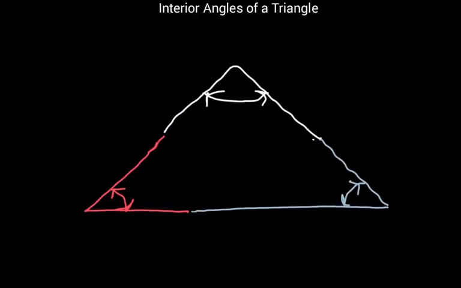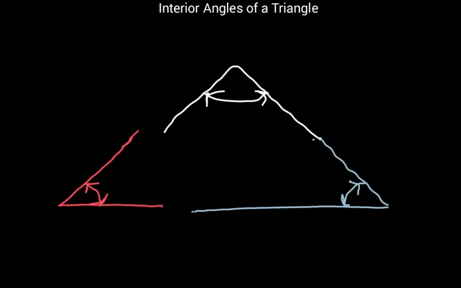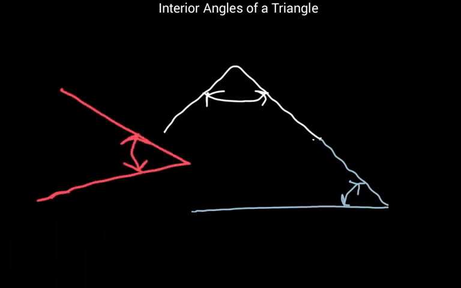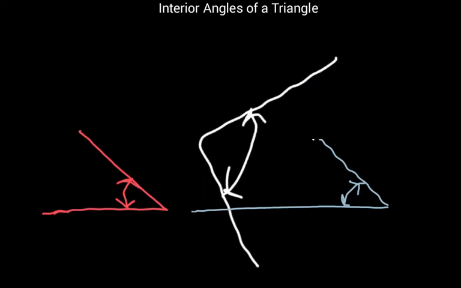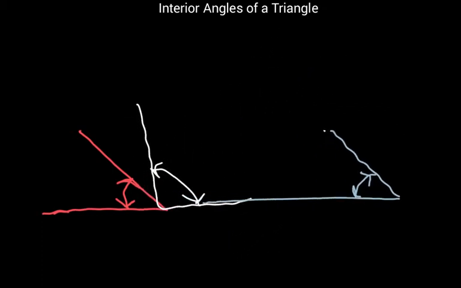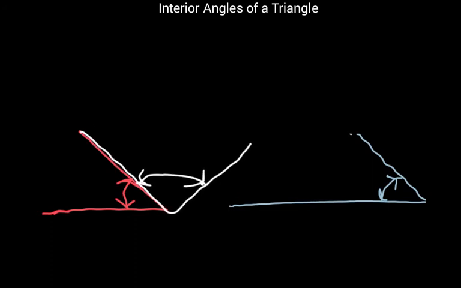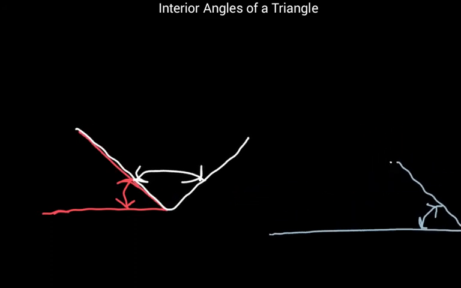The interior angles of a triangle are the inside angles of a triangle. We see the red is an interior angle, the white angle is an interior angle, and the blue angle is an interior angle. Now something special is this theorem about these angles. If I pull them apart and turn them in certain ways and put them together, the same thing always happens.